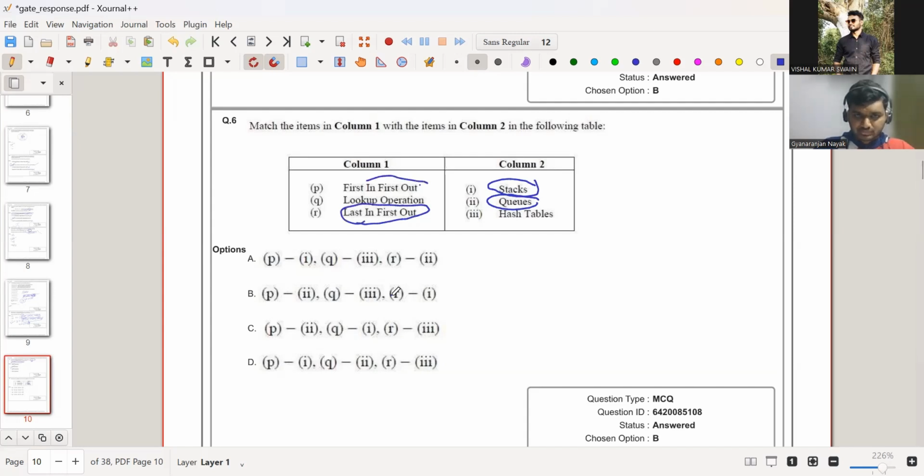Okay. So you choose P implies the matching item, R implies the matching item, and Q implies the matching item, only one is present in column 2. So which option is correct? So we find B is correct. Okay. So we proceed for next.